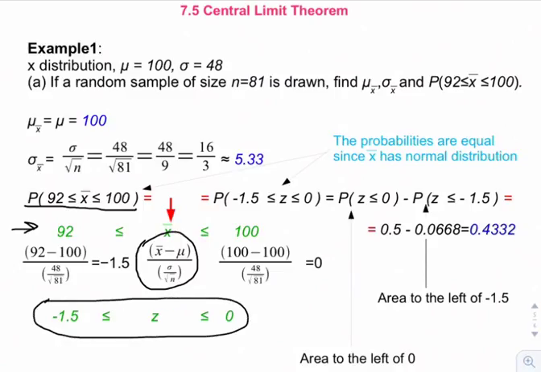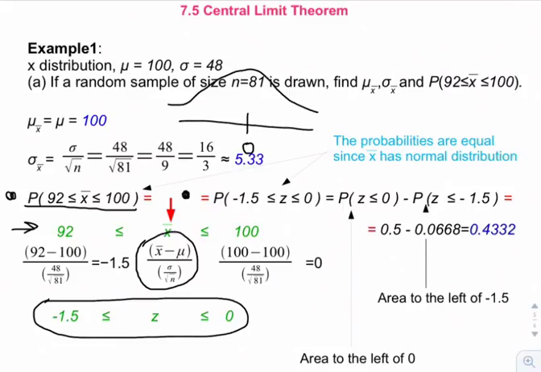So the probability that we were initially interested in is equivalent to the probability that the Z is between -1.5 and 0. So how do we find the probability that Z is between two values? So let's recall, here's our little normal distribution.